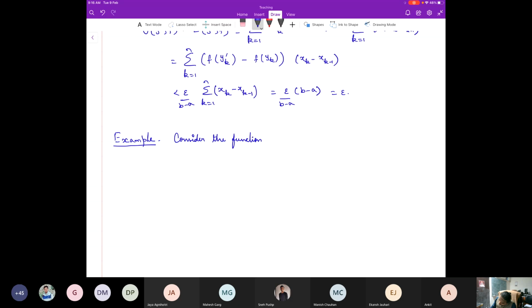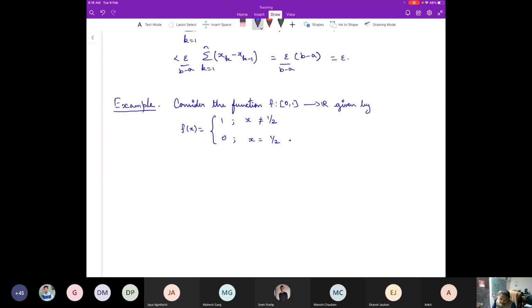Consider the function f from 0, 1 to R given by f(x) equal to 1 for x not equal to half, 0 at x equal to half.